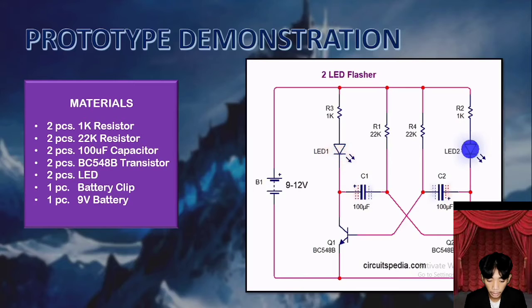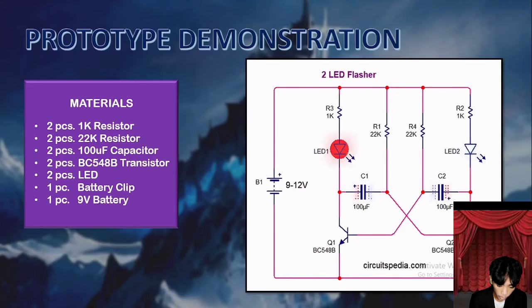Let's take a look at the bottom part of the schematic diagram. As you can see from the animation, it is blinking. The LEDs are not emitting light at the same time.